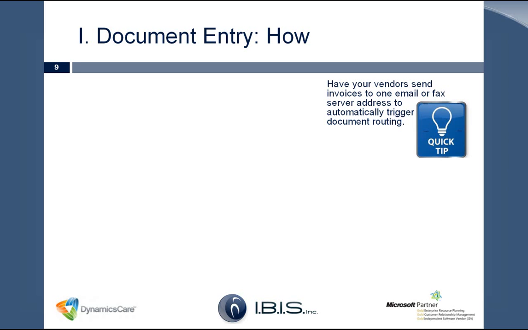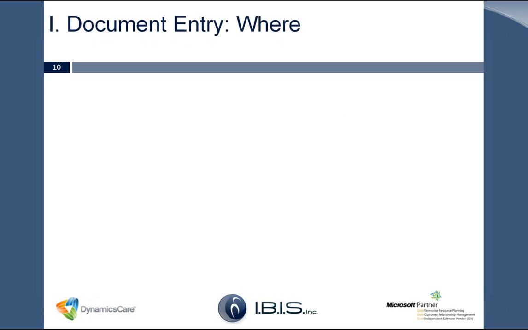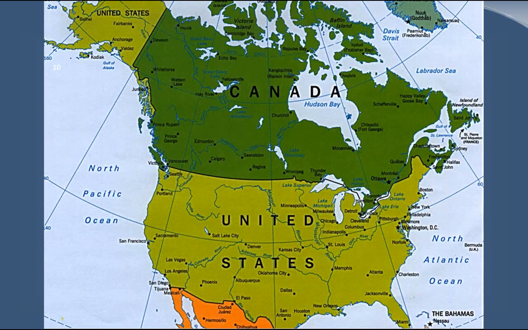The second piece of document entry is looking at where those documents are arriving. So essentially, you have two different things going on. I would ask you, in your organization, are you centralized or decentralized? In this particular customer scenario, they came to us, and their headquarters location was over here in Nova Scotia.